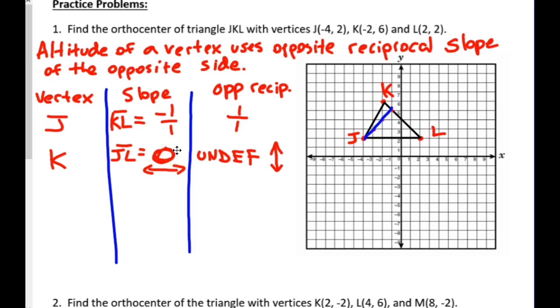So even though there's no slope, meaning does not exist, undefined, I'm still going to make my vertical line through point K, right? So put a point at K and straight down. That's your altitude.